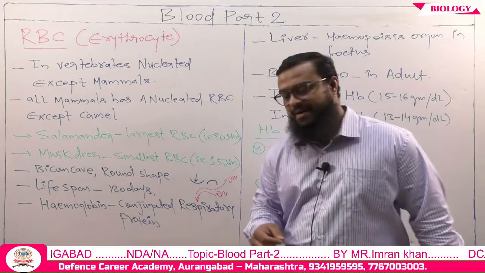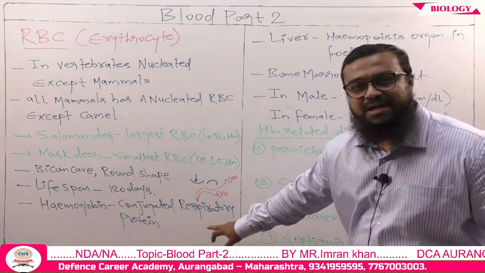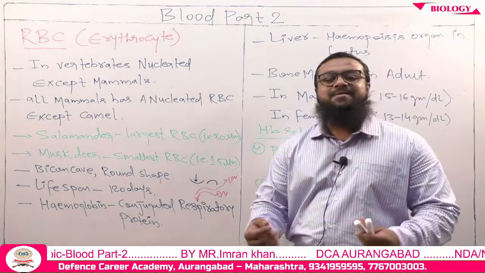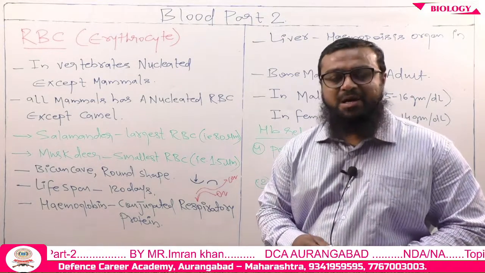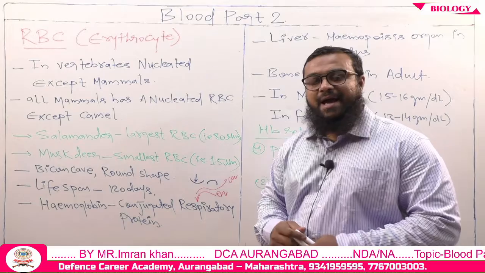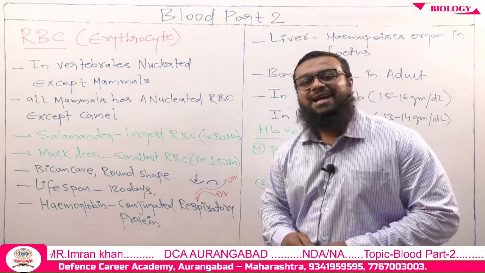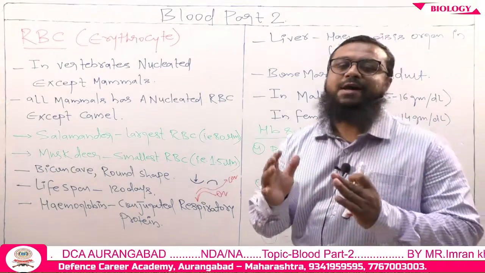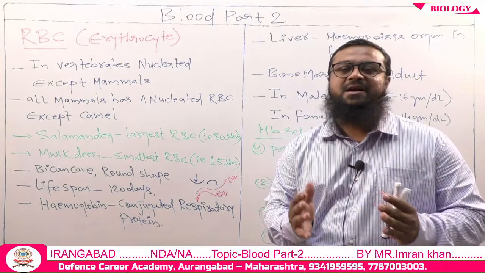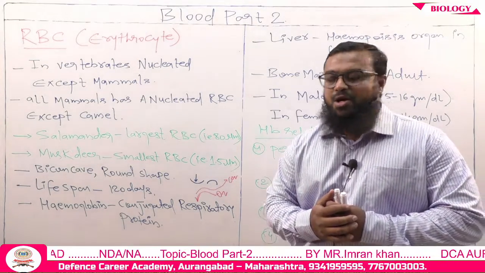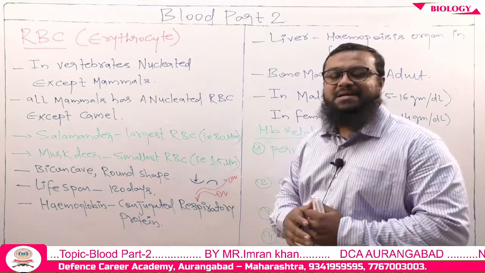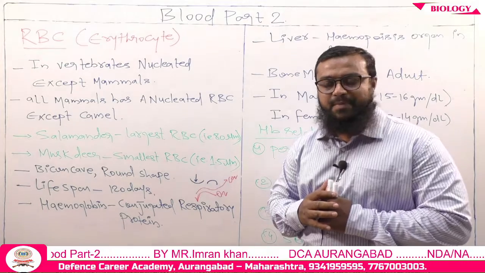So that's why it is called a respiratory protein. So RBC becomes a respiratory cell because of HB. HB is an attachment site for Fe, iron, as well as oxygen and carbon dioxide. That's why RBC, meaning erythrocyte, is a respiratory cell.